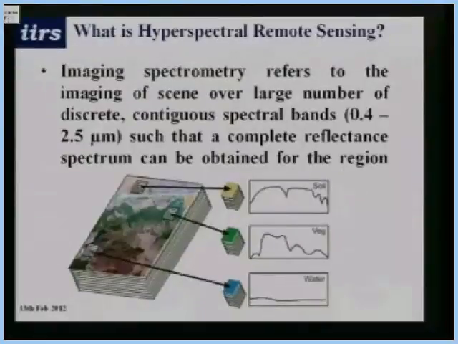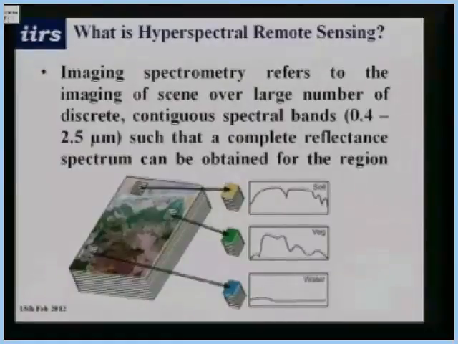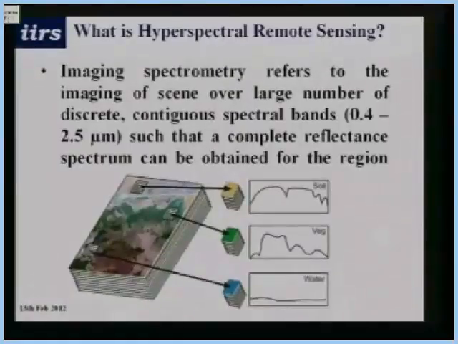In the early 80s, Dr. Alexander Goetz and his colleagues at the JPL laboratory in the US developed the concept of hyperspectral remote sensing, with a new instrument called the Advanced Visible Infrared Imaging Spectrometer. This instrument carried a detector capable of measuring in extended spectral regions.